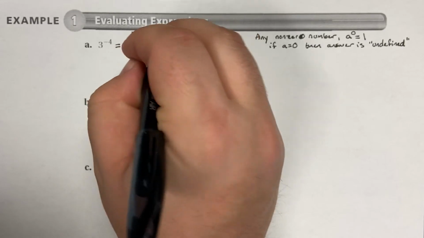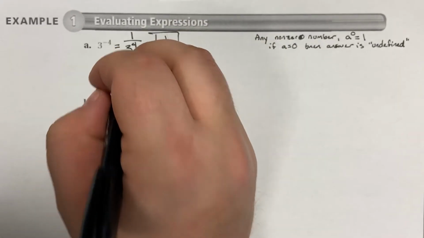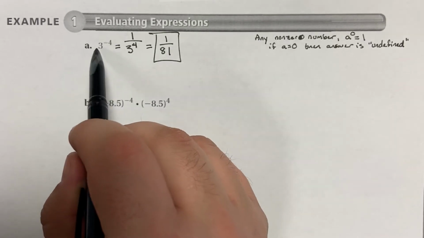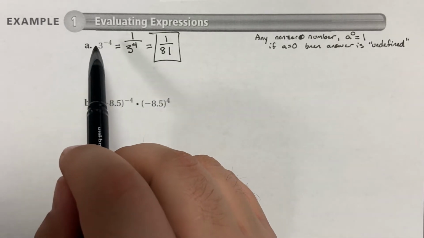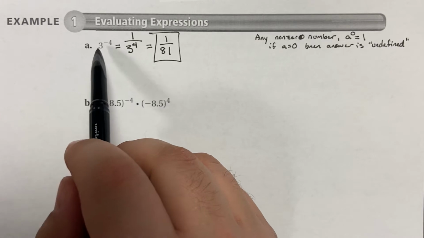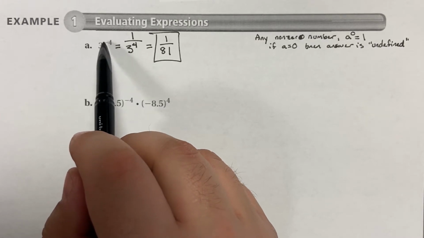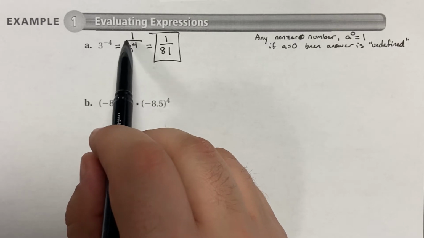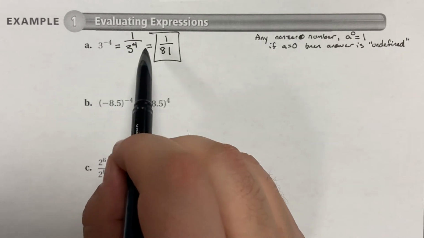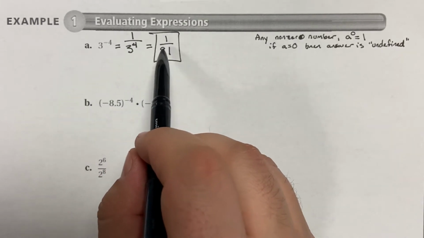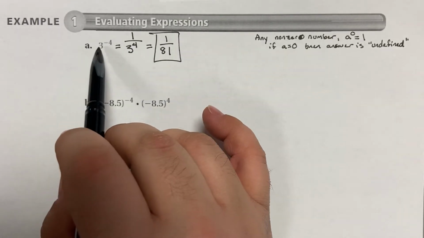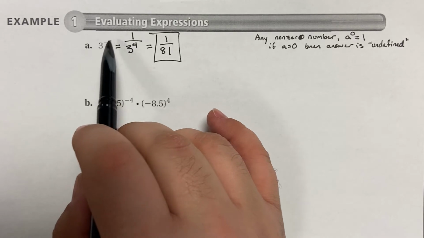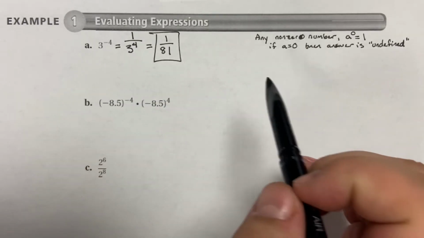So here we have evaluated and gotten a final answer and a simplified answer. 3 to the power of negative 4 is the same thing as 1 over 3 to the 4th, which is the same thing as 1 over 81. So 1 over 81 can be rewritten as 3 to the power of negative 4.